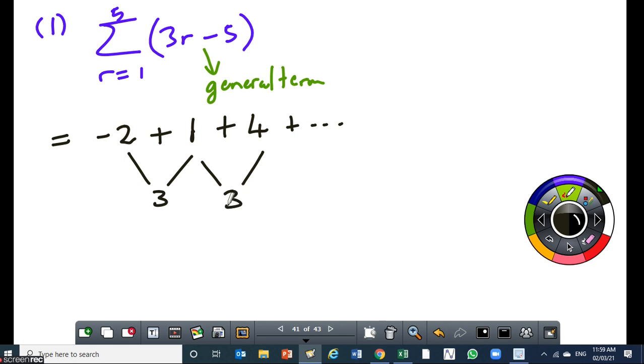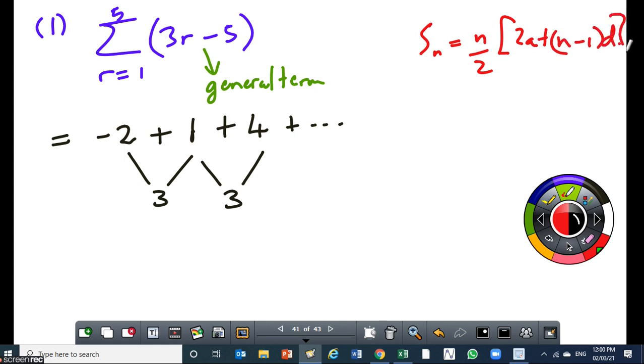Now, what this means is, this series here is arithmetic. Alright? Now, since it is arithmetic, I can use this formula, Sn equal to n over 2 times 2a plus n minus 1 times d, to find the sum of those 5 terms.